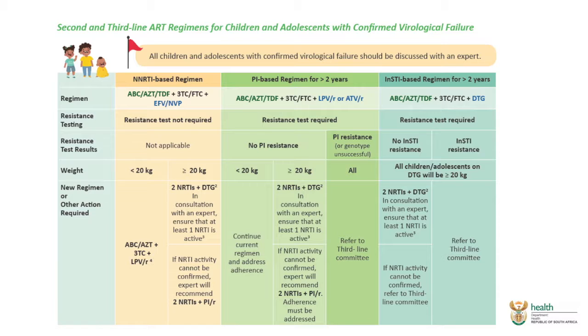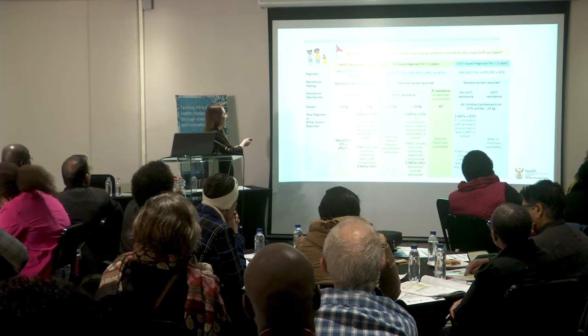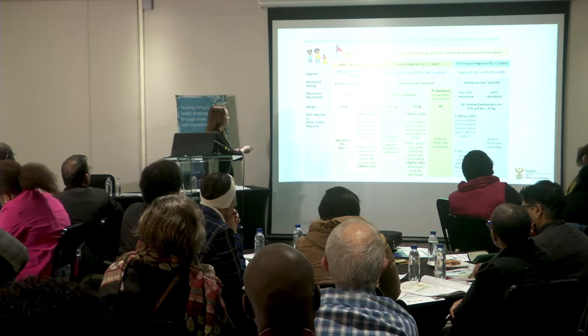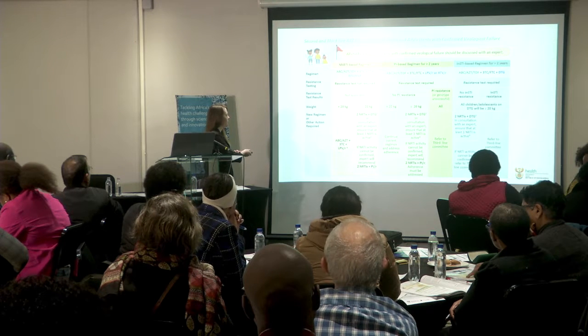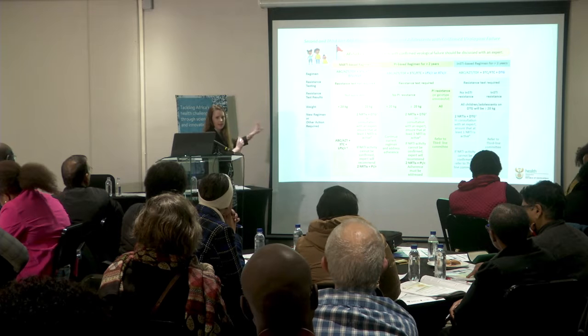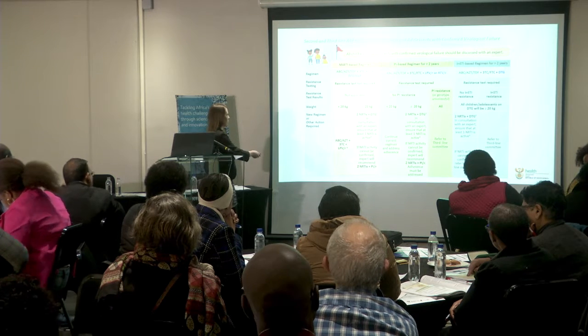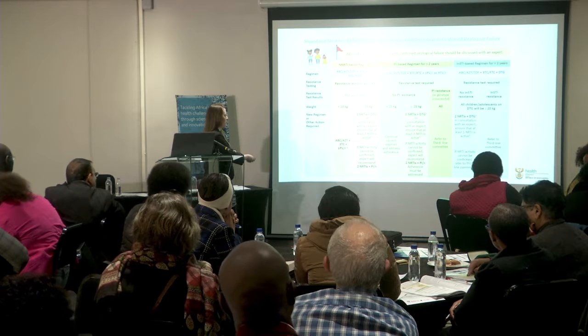So our children who are on an NNRTI-based regimen, say abacavir or AZT or tenofovir, 3TC or FTC, and efavirenz or nevirapine, again, no resistance test is required. If they're under 20 kgs, they need to change to lopinavir, ritonavir. And then we're not too stressed about the NRTIs, whether they're active or not, so we can give abacavir or AZT.